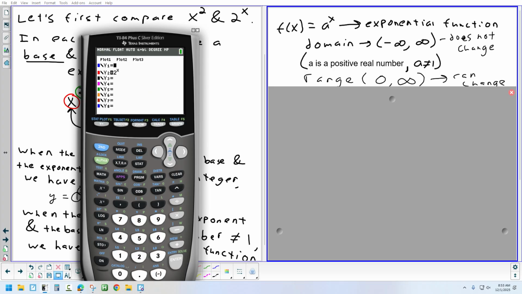But if I take 2 to the x and put +3 on the end, I just changed the range. It doesn't go down to 0 anymore. Did anybody have a guess how low it goes now? 3. Yeah, it goes down to 3. So the range for that one would be 3 to infinity. So the range can change. Domain never changes.